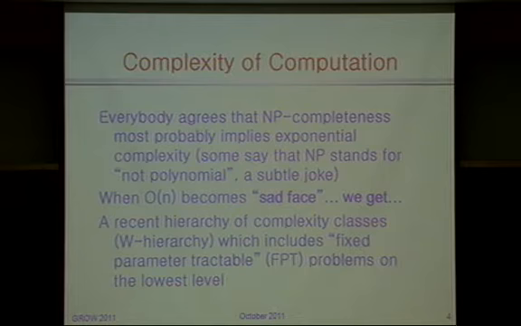And everybody agrees that NP completeness most probably implies exponential complexity, so there's a little joke that NP means non-polynomial, but of course it means non-deterministic polynomial. And yesterday Hans had this nice emoticon of a sad face, rather than big O of n, a sad face of n.